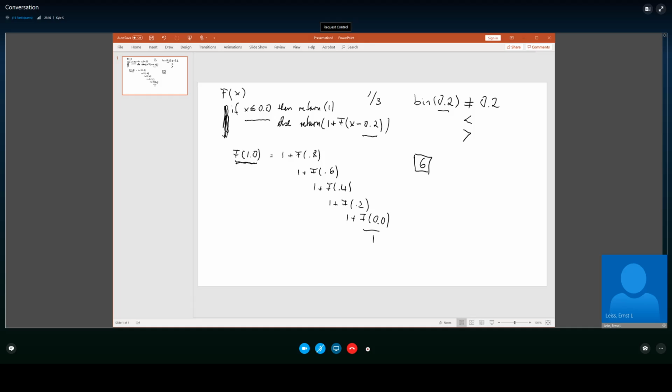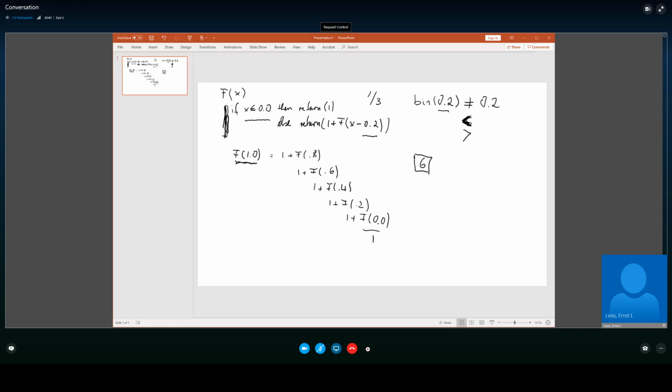And so, depending on what it is, we will actually, as you will see, I will work it out, get different responses to f of 1.0, even with that modification x less than or equal to 0.0 as the base case for the recursive function call. So let's take the first case, that the binary representation is less than the decimal representation.